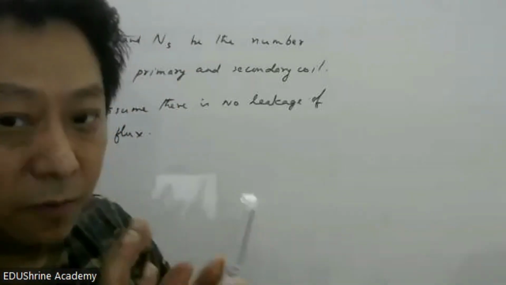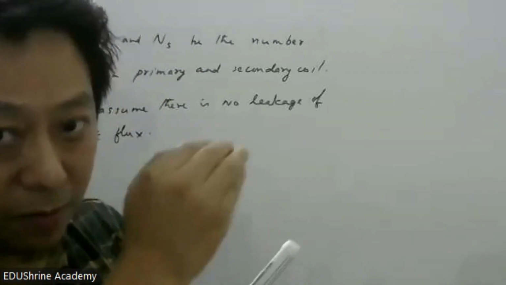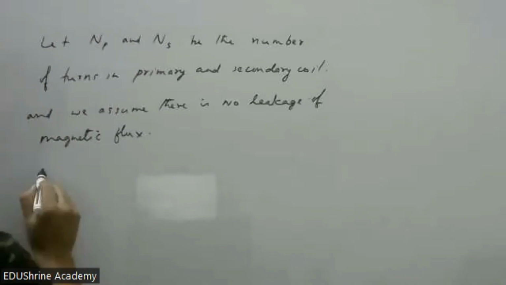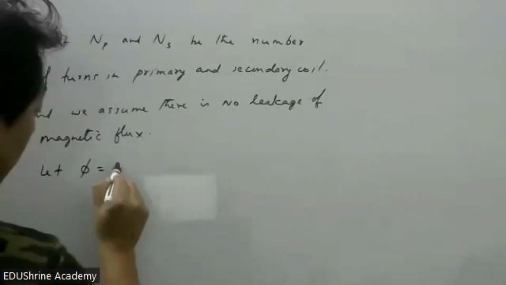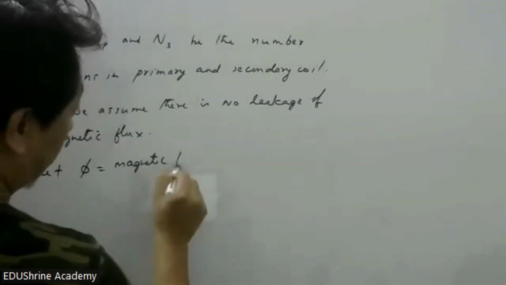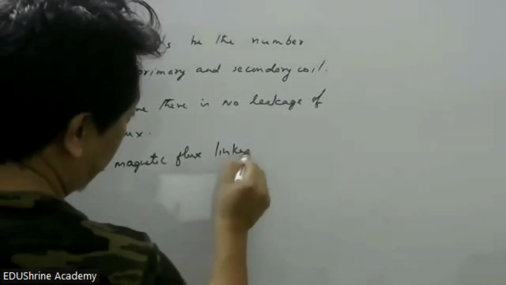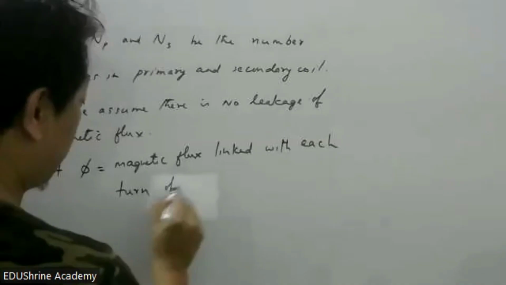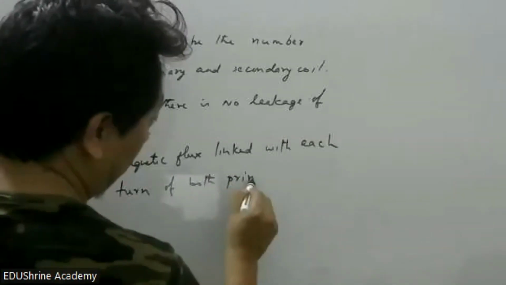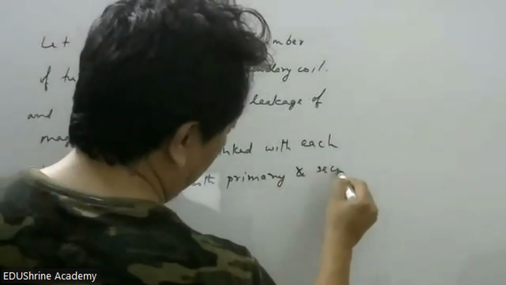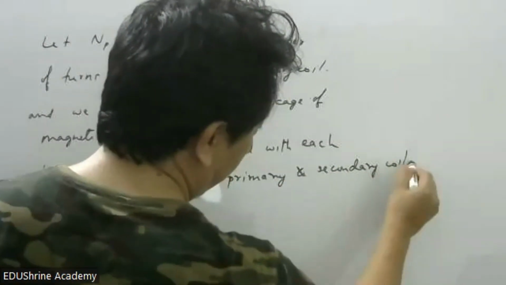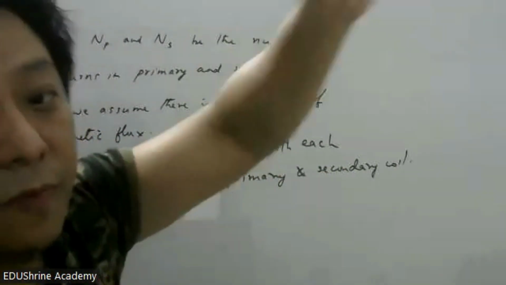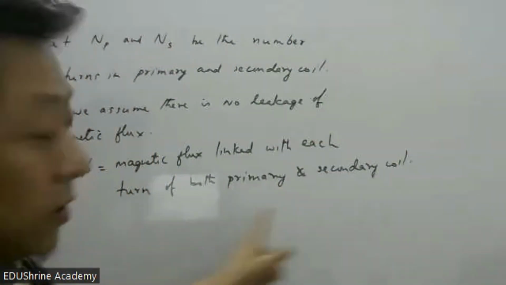So what we are assuming, whatever magnetic flux is produced in the primary, same is also linked with the secondary. So we are assuming let phi be magnetic flux linked with each turn of both primary and secondary. So whatever flux is linked with one turn of primary, same flux is also linked with one turn of secondary.